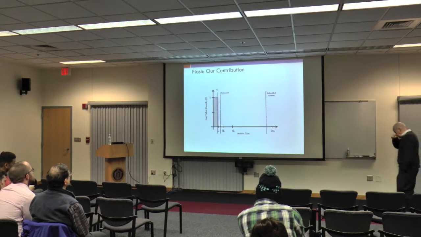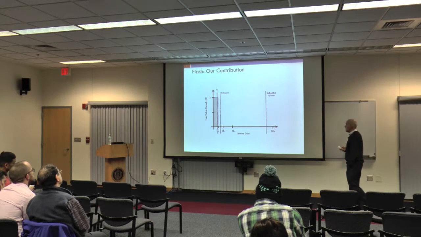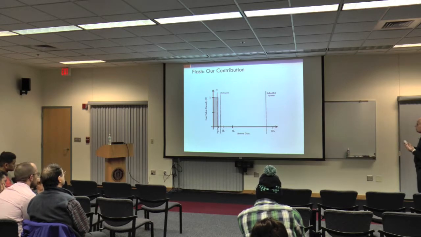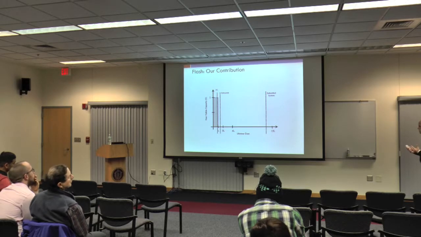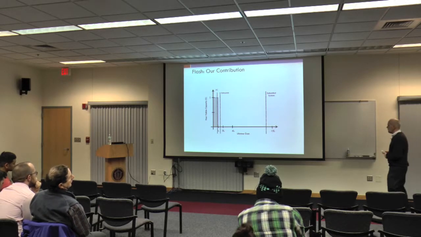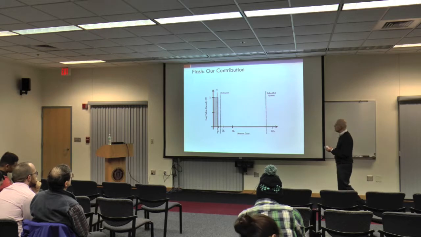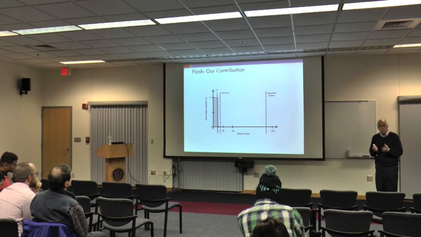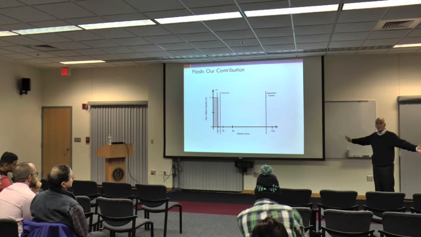It took Dan and me a while to get to a common language about thinking about this lifetime gain, or improving endurance. What we fixed on at the end was this idea that you buy a flash memory. It's a bunch of cells.